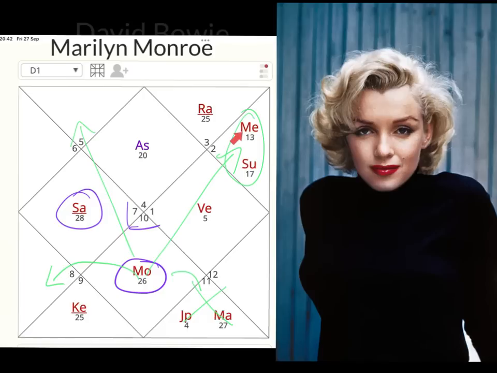All times of the early morning, phoning people, a big factor in her life. And of course, the Moon is her personal marriages, relationship, intimate factors aspecting Sun, married powerful people. Joe DiMaggio, baseball player, playwright, Arthur Miller, intellectual factors there.